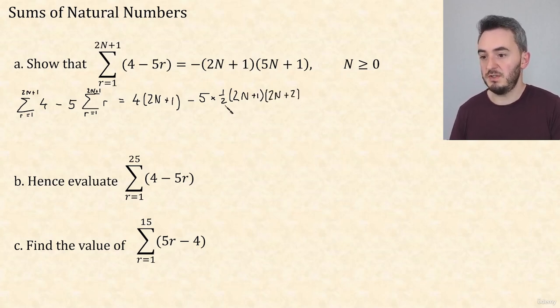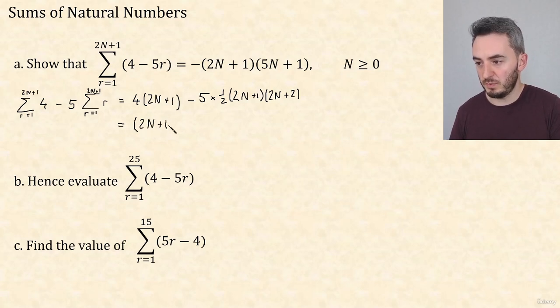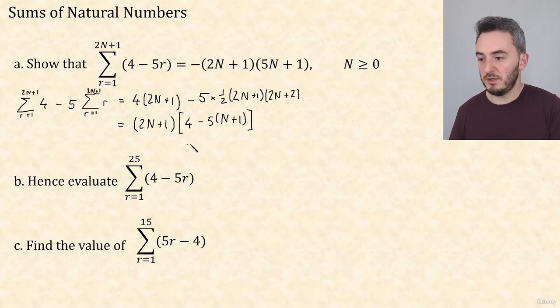And now we just need to simplify this. Well, notice that we can pull out a factor of 2n plus 1. That's in both terms, 2n plus 1. So what's left? I'll open some big brackets here. It's 4, and it's minus, what have we got? Well, half of this, that's just n plus 1. So it's 5 lots of n plus 1. Let's simplify what's going on in those brackets.